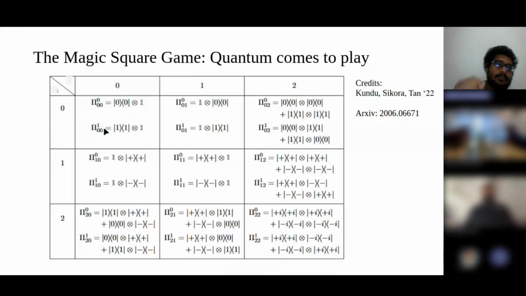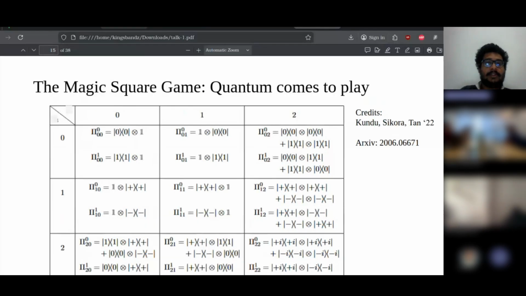Now, suppose that Alice's first measurement gave an outcome 0, and her second measurement gave an outcome 1. So her end of the state collapsed to ket 0, ket 0 tensor ket 1. But since they are sharing 2 EPR pairs, Bob's end of the state also collapsed to ket 0 tensor ket 1.